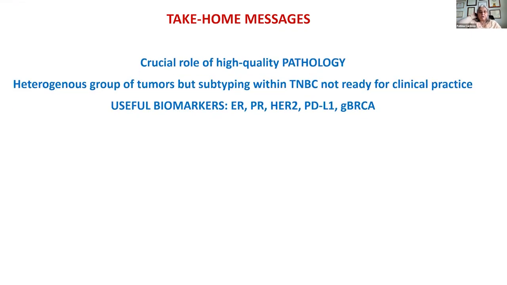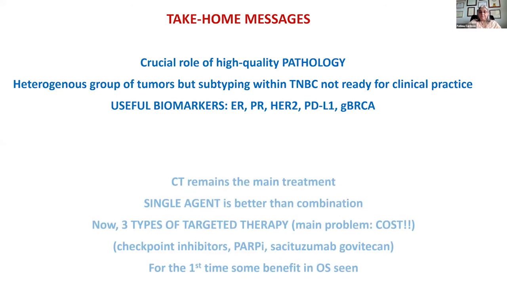So conclusions for this part, I think I've showed you the importance of high quality pathology. Also told you that there are many subtypes, although we can still not use them in the clinic. What is useful here is hormonal receptors and HER2 because it helps define triple negative, PD-L1, and the BRCA gene mutation.